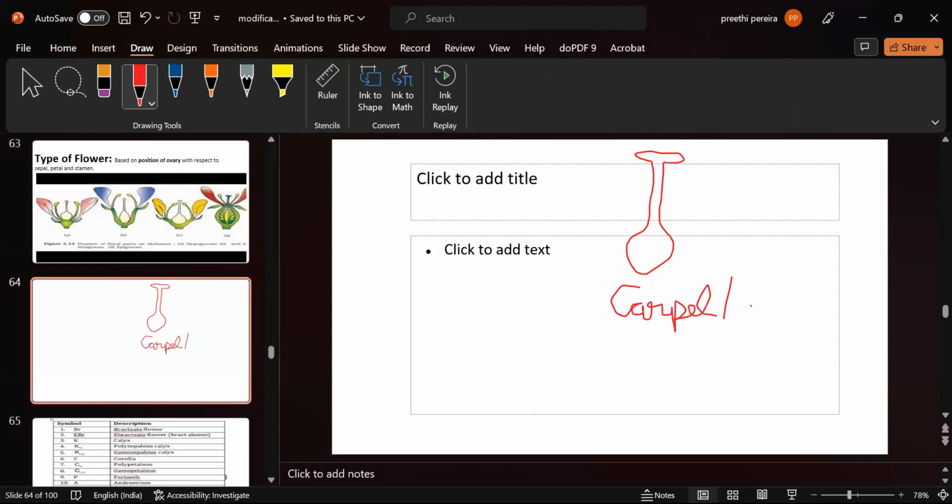This whole thing is known as carpel or pistil. This part is known as the ovary, the lower bulged part.